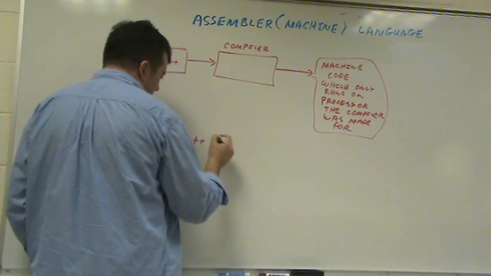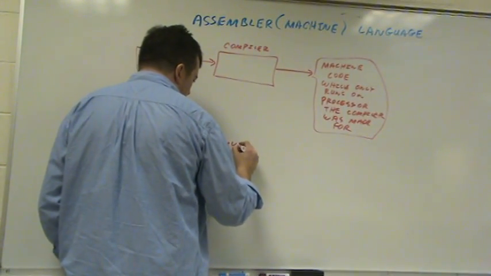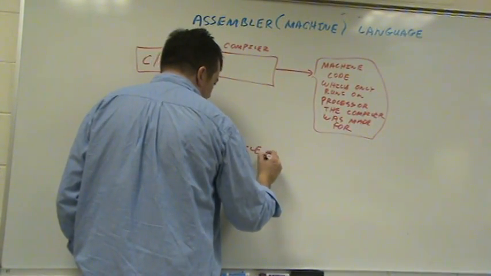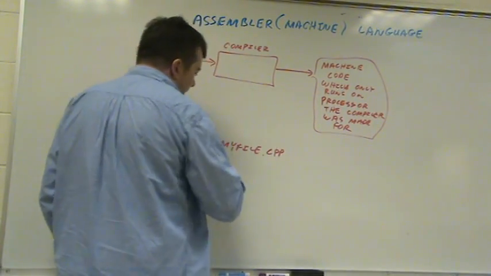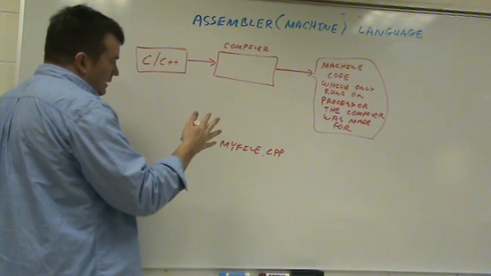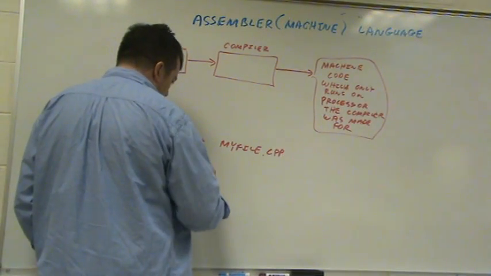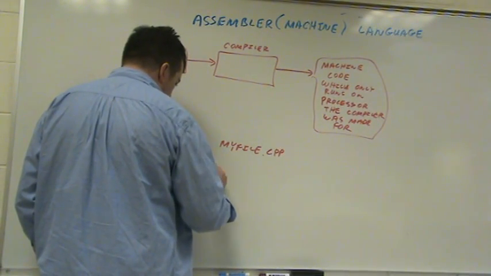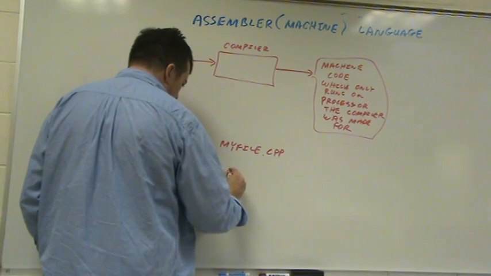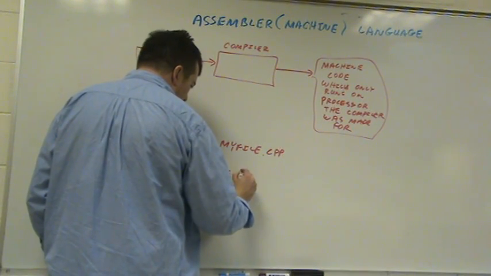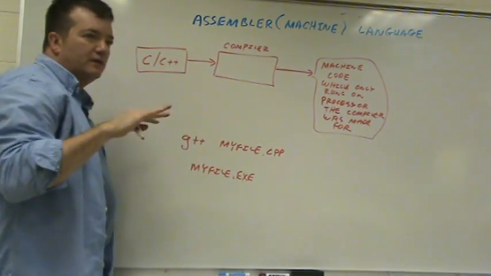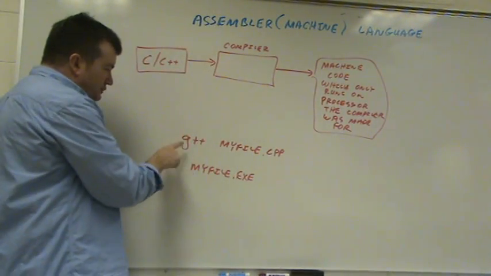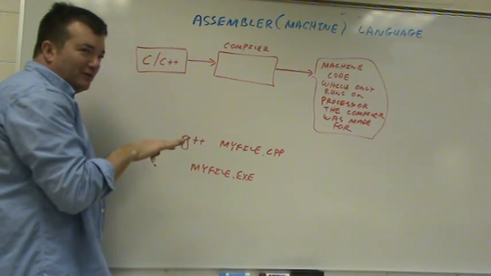So say g++ myfile.cpp and hit enter, as long as there's no bugs, you're going to create a file called myfile.exe. And that's the zeros and ones that will only run on the machine that this compiler was built for.